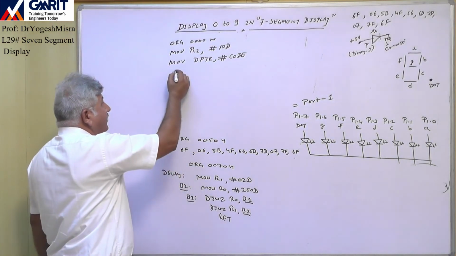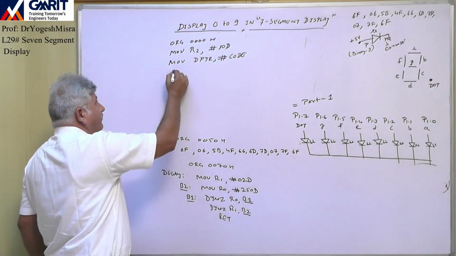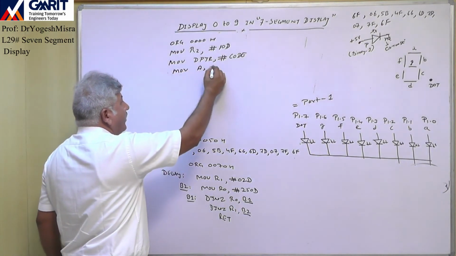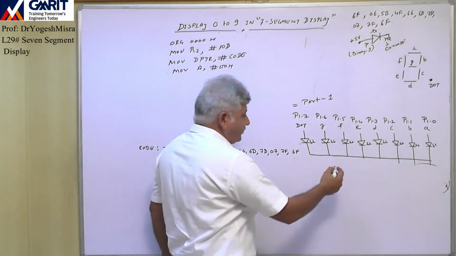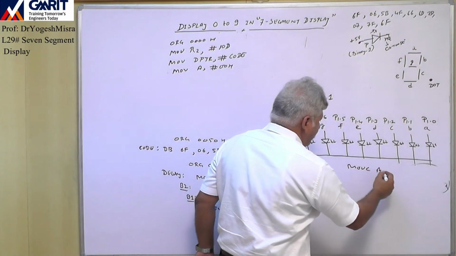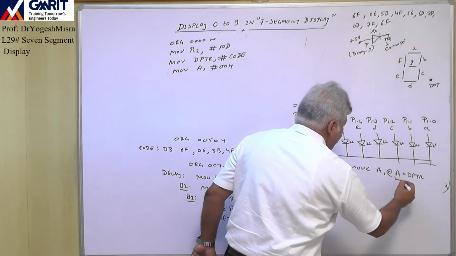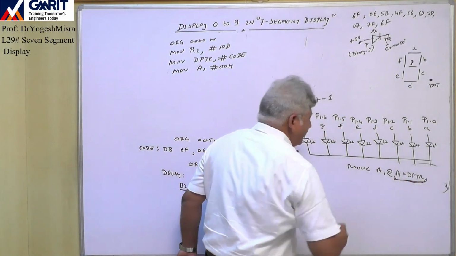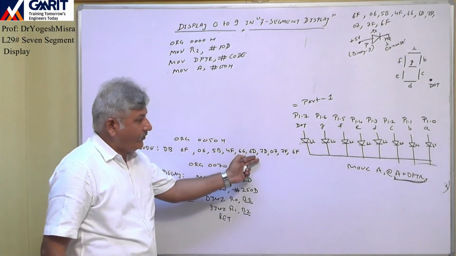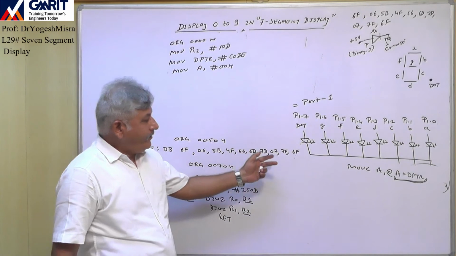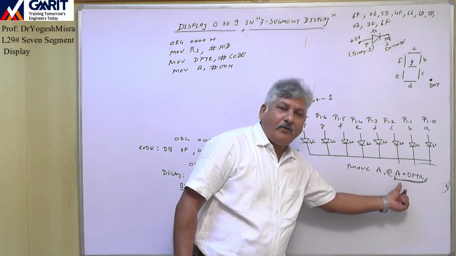Now I will make my A register 0, MOV A, #00h, because every time we use the instruction MOVC A, @A+DPTR, this calculates the memory location where these bytes are stored, and that's why for every calculation we always make accumulator A zero.